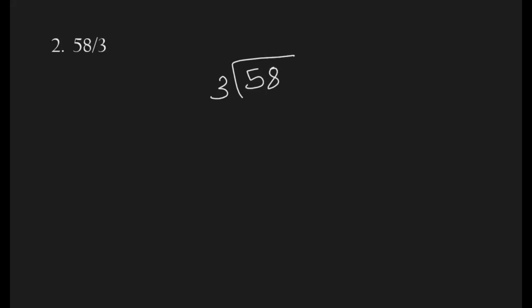Well, the closest number to 5 that is a multiple of 3 and is less than 5 is 3. So 3 times 1 equals 3. And then we're going to subtract. We get a 2, and then the 8 comes down. 28.